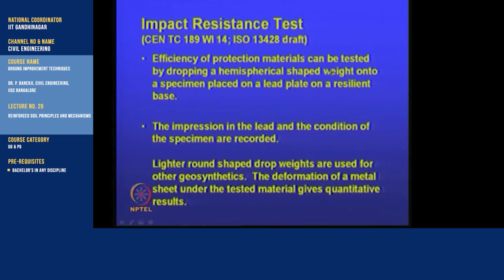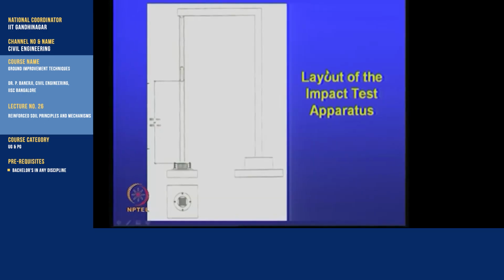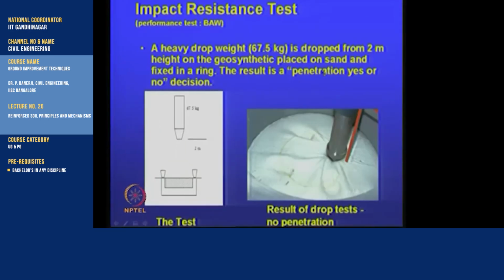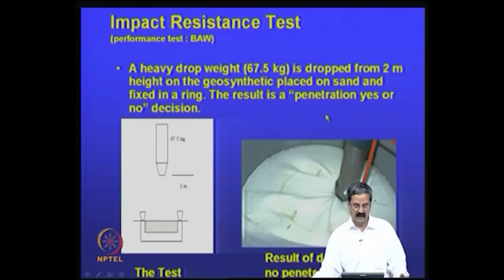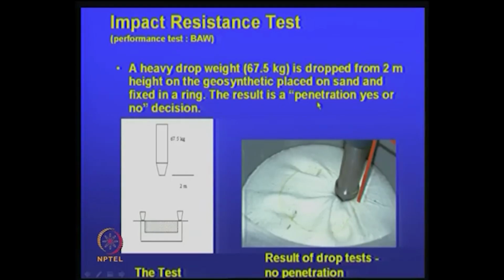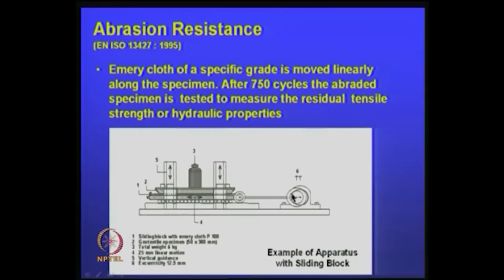Impact resistance is a standard test. This is how it is done, the layout, and this is another of the same type. The result is penetration, yes or no, and if there is no penetration, it is supposed to be good.